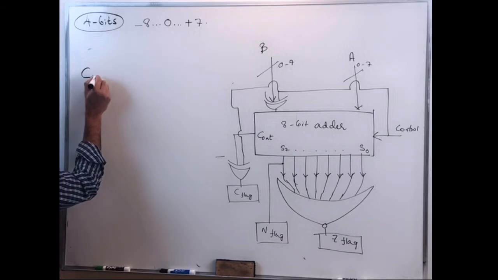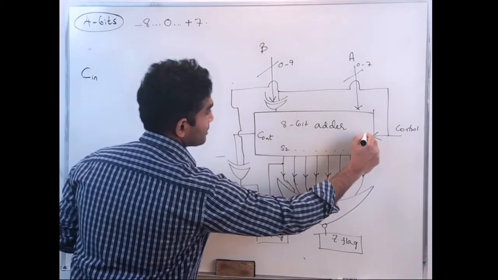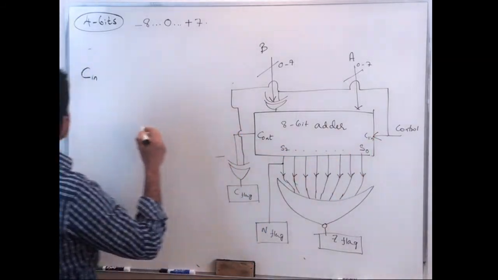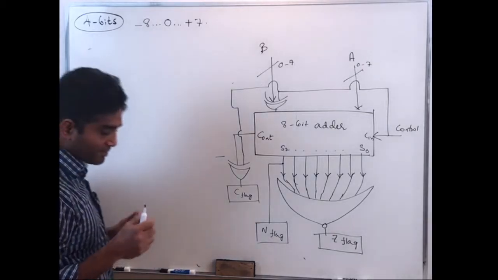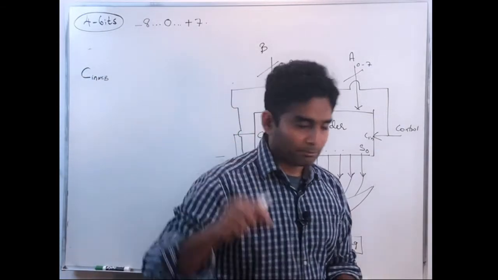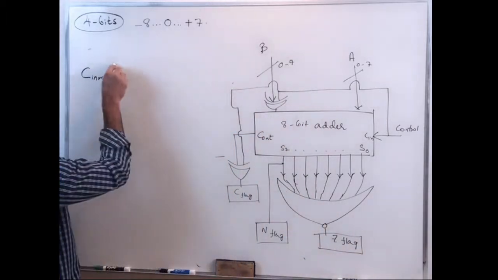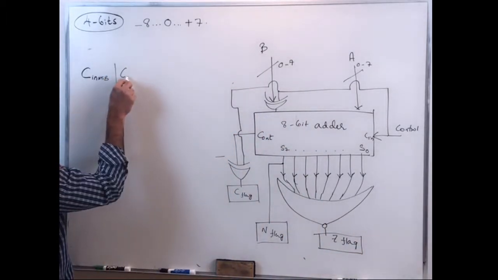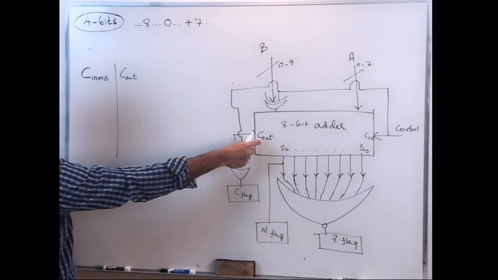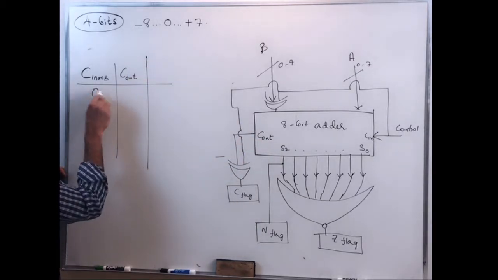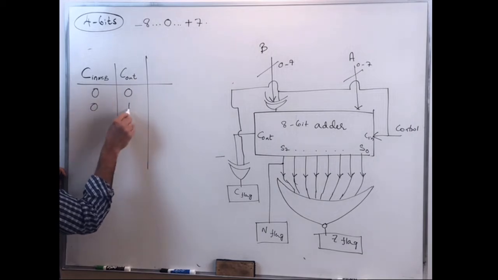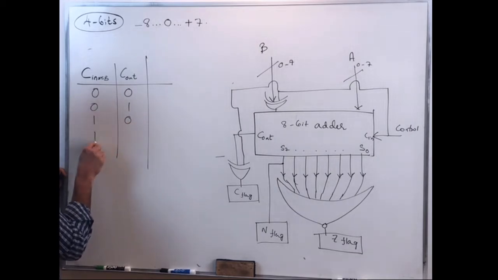Cin, again, when I say Cin, that's not this Cin. Cin MSB, let me call it Cin MSB. That means it's the Cin to the most significant bit position, and C out of the most significant bit position. That's the C out. Okay. So 0, 0, 0, 1, 1, 0, 1, 0.